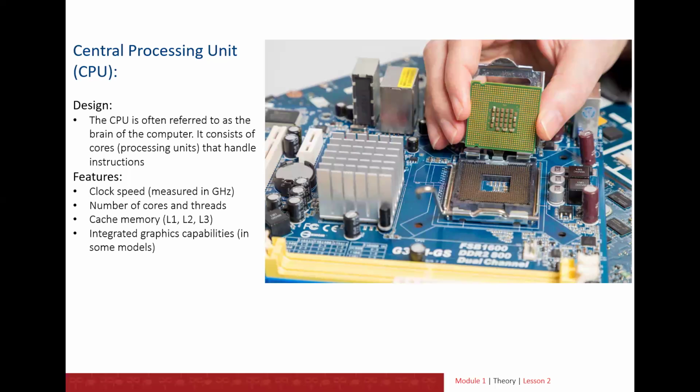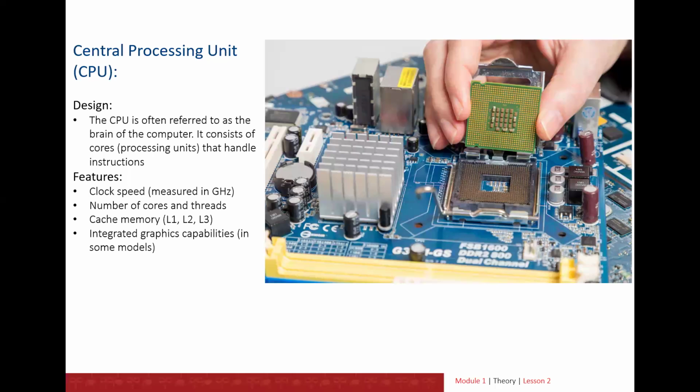The CPU cores and threads, meaning the modern CPUs. You might have seen, even if you look at your laptop, you will see multiple cores or multi-core. If you look at the details of your CPU, then you will find it. So modern CPUs have cores, which are essentially individual processing units within the same CPU.